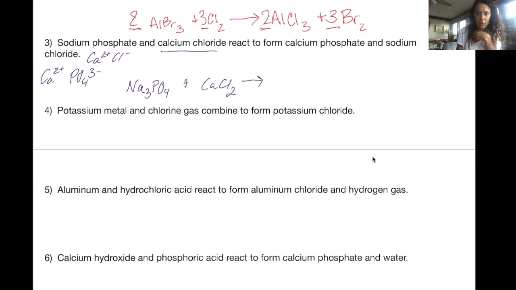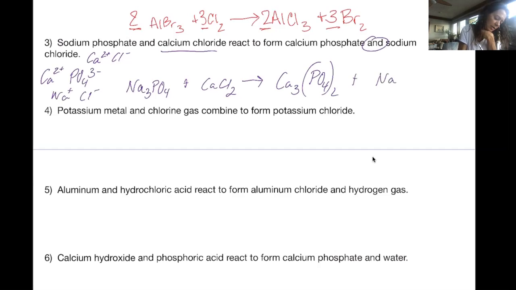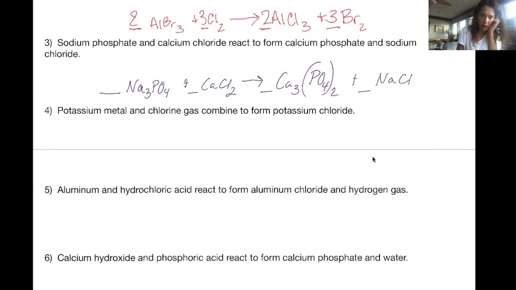Did I just start going too fast, guys? I'm sorry. You should have paused anyway. Ca3(PO4)2. And sodium chloride, NaCl, both are ones. That's simple. Symbols, charges. We worked on it. All right, now we have to balance this. Pause, go away, come back, and check your work.